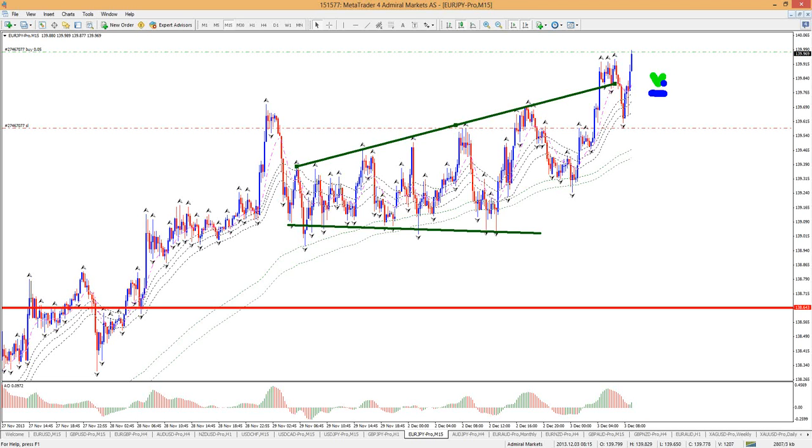If this really breaks up quickly and nicely, then the trail stop could eventually get into a territory where I'm locking in a 1-to-1, a 2-to-1, sometimes even more. In some cases, a breakout trade like this can make a 3 to 4-to-1, 5-to-1 sometimes, but those, of course, are relatively high.